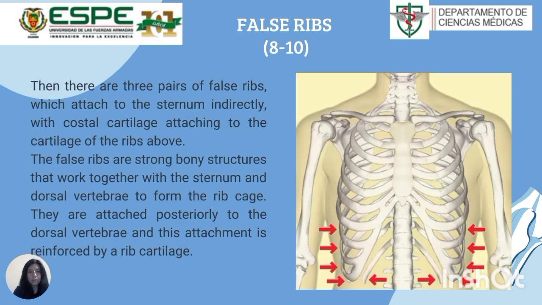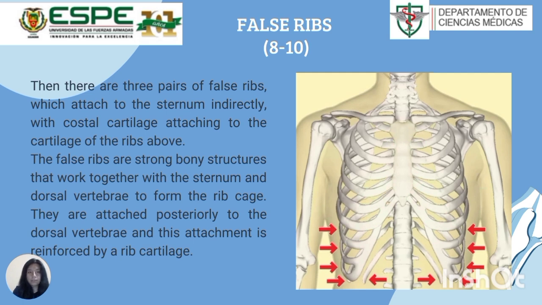False ribs, 8 to 10. These 3 pairs of false ribs attach to the sternum indirectly, with costal cartilage attaching to the cartilage of the ribs above.